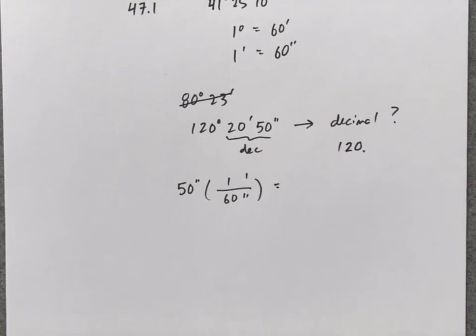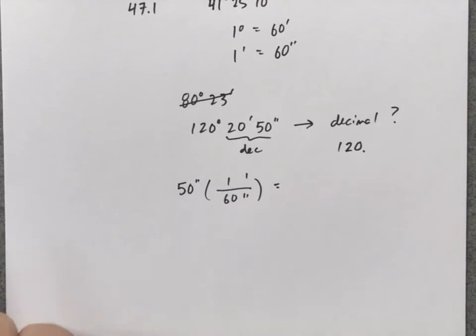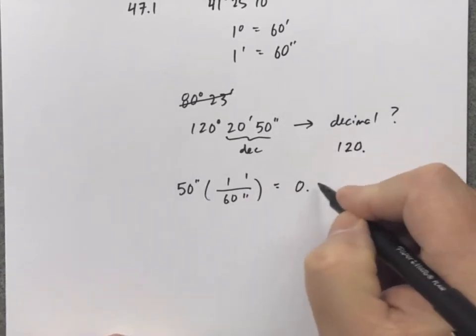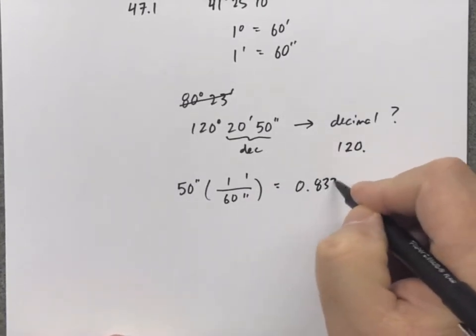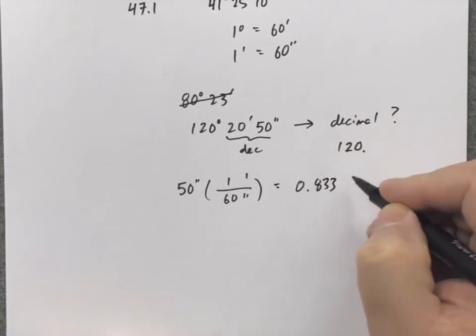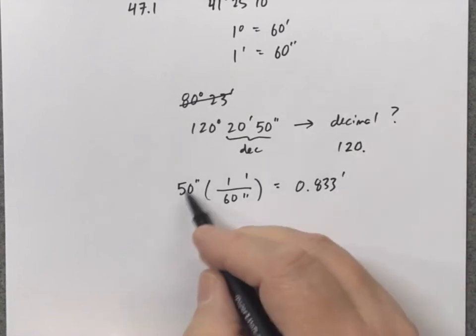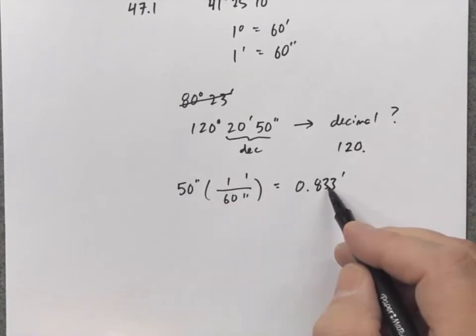So now I grab my calculator, and I have 50 times 1 divided by 60. So basically 50 divided by 60, 0.833. I'll just round it off to 3 digits here. So 50 seconds is the same thing as 0.833 minutes.